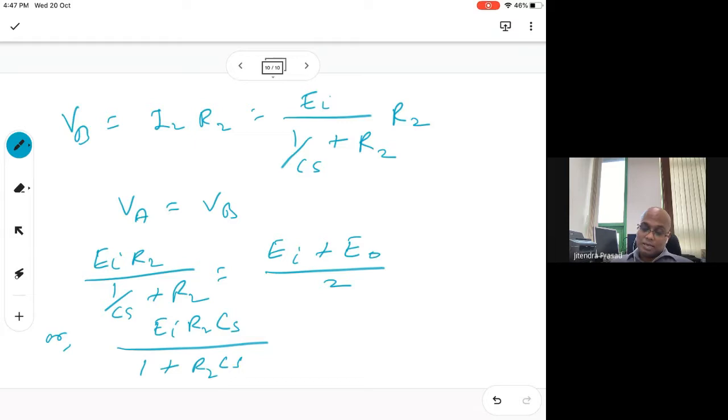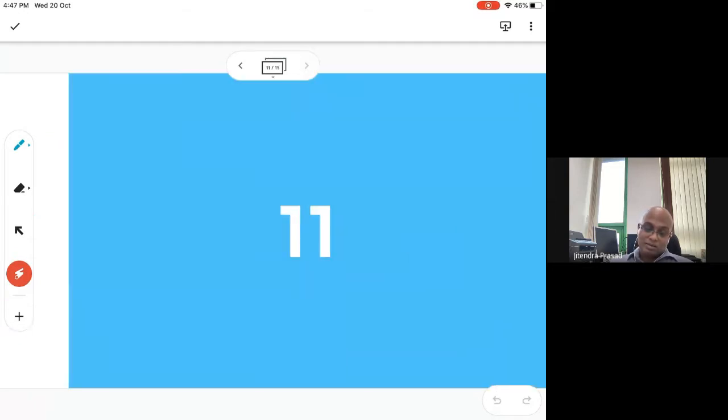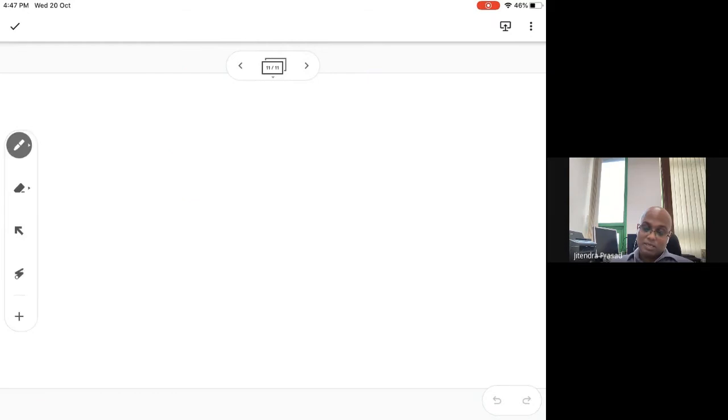Transfer the 2 here, so 2 times this is equal to E1 plus E0, and then we move it here, so we have this minus this. Finally it's just a matter of simplification now.